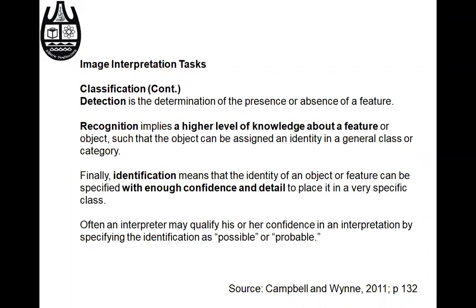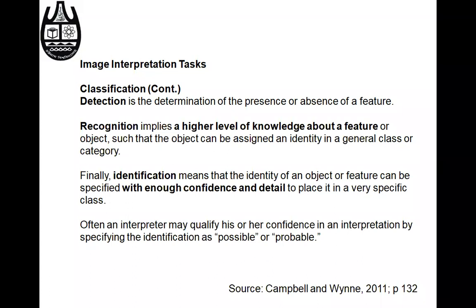So you want to know whether the object is present or absent in your image. This is first. And then you recognize those things.